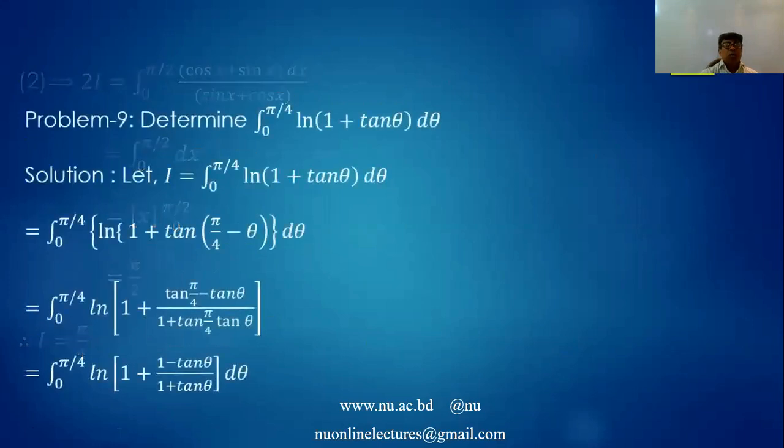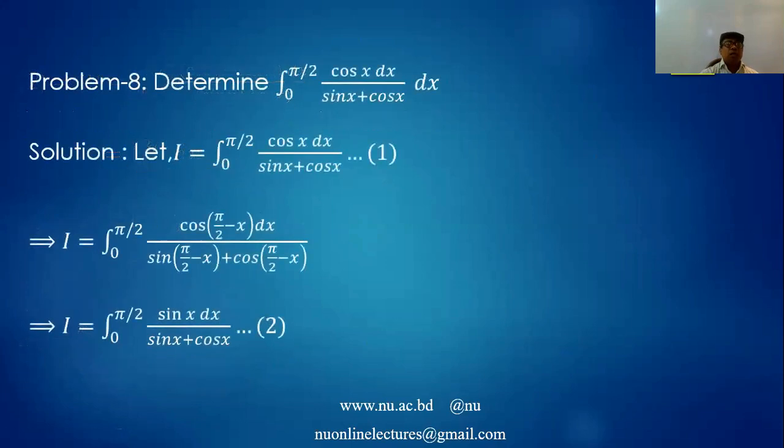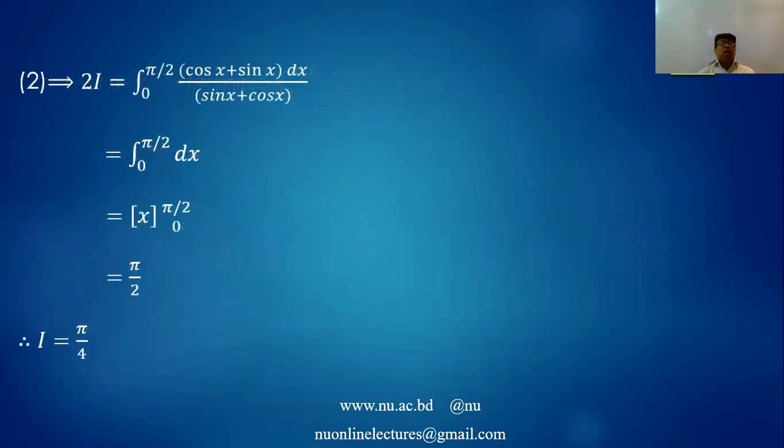This is number 1 and this is number 2. If we add number 1 and number 2, finally we find twice I equal to this. We have added equation 1 and equation 2.